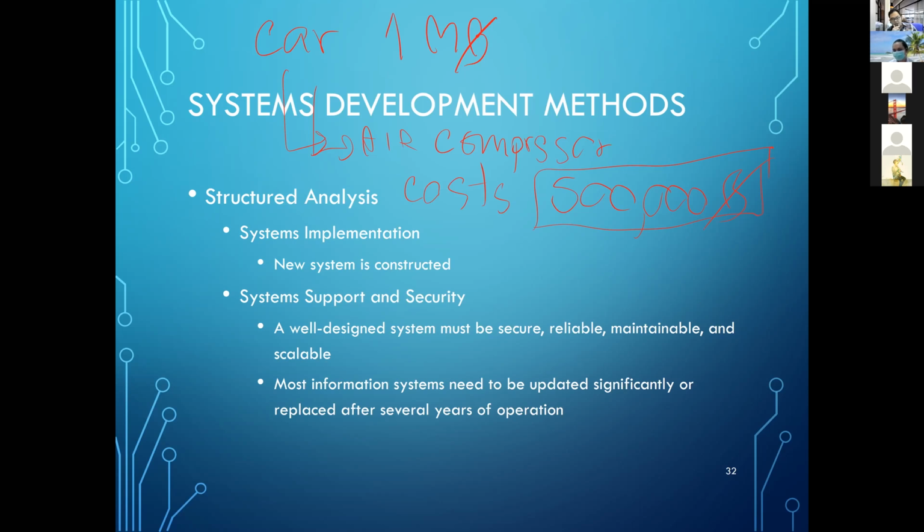If you pay 1 million baht to have this information system, but you pay lots of money, let's say 300,000 baht each year, it is too expensive. So this is not about the profit. It's about the money that you invest to get this software. Okay, any questions about this system support and security?